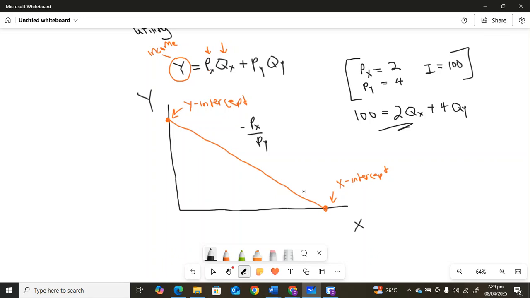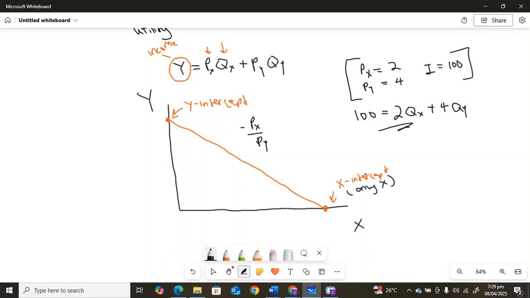Okay. So the x-intercept, it means you're only buying good x. Okay. So when you say x-intercept, it just means you're only buying good x. All right. So basically, what we're saying is if you're only buying good x, then it means you're buying 0 of good y. Okay.